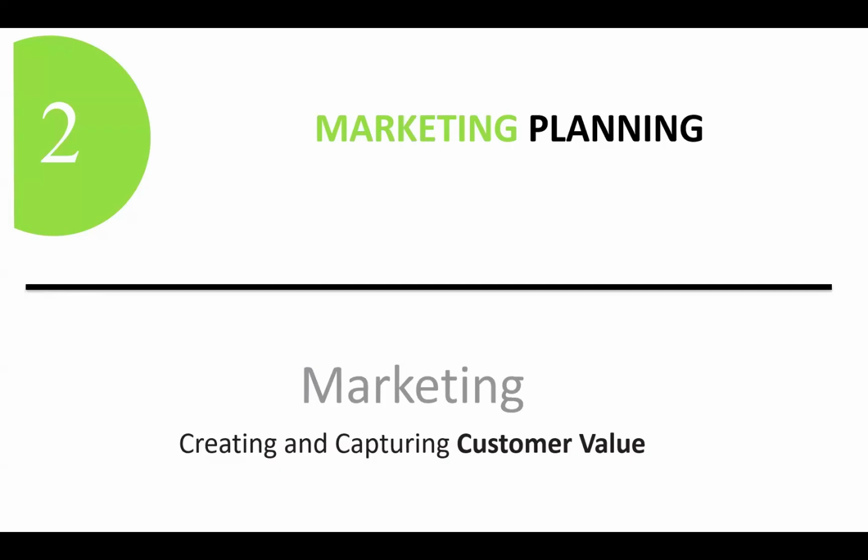It could be, as I explained, improving market share, creating awareness, or doing a merger or acquisition. So there are different marketing objectives that the marketing department has to achieve.